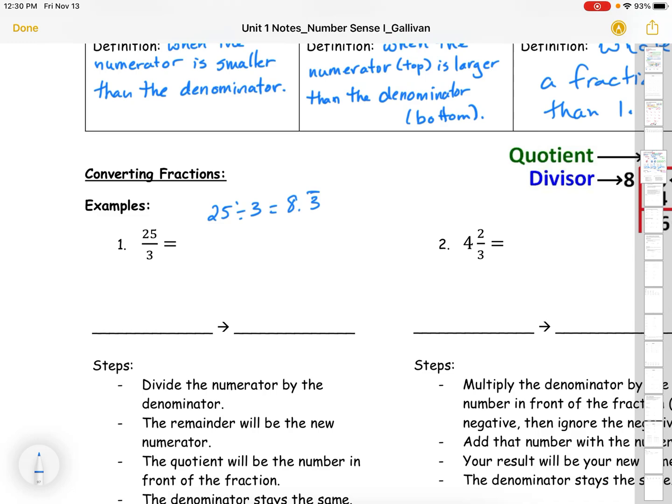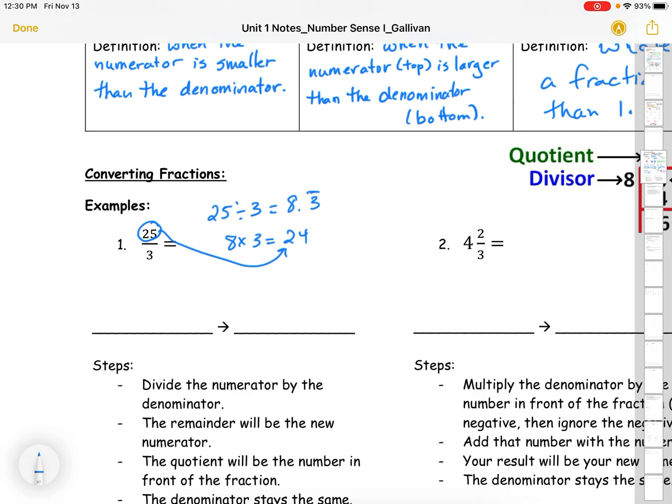Now, when it goes in 8 times with 3 left over, then what we can say to ourselves is, okay, well, 8 times 3 is equal to 24. So if I look at this, I have used up 24 of those 25s, right?